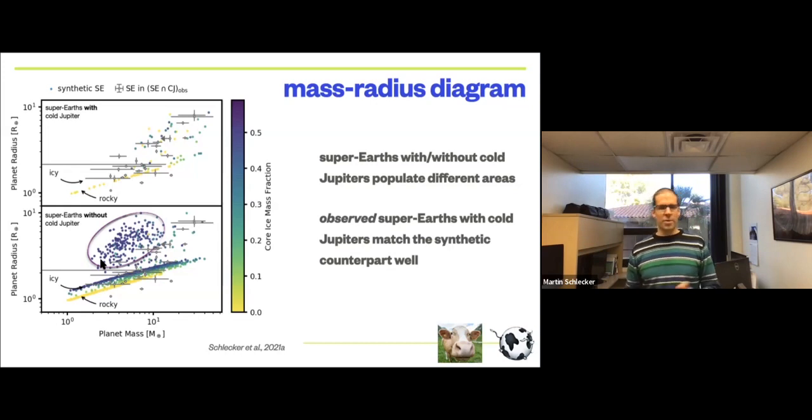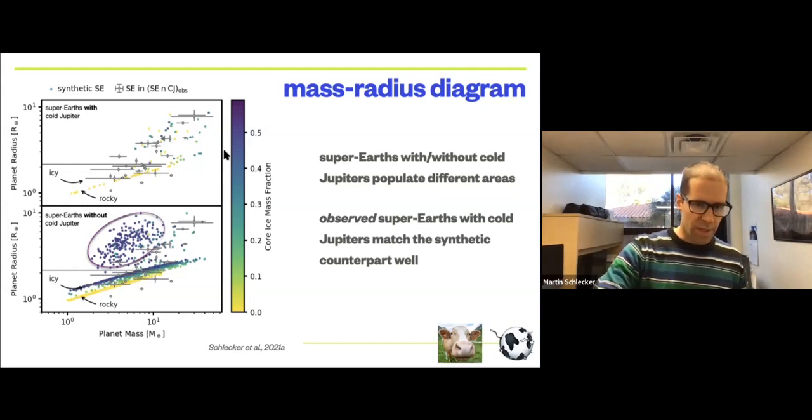The problem is that the sample with super Earths and without cold Jupiter is corrupted by biases, because there could still be cold Jupiters that are undetected. But if we overplot it, we see that it already fits the corresponding synthetic sample, and it does not fit the complementary sample.